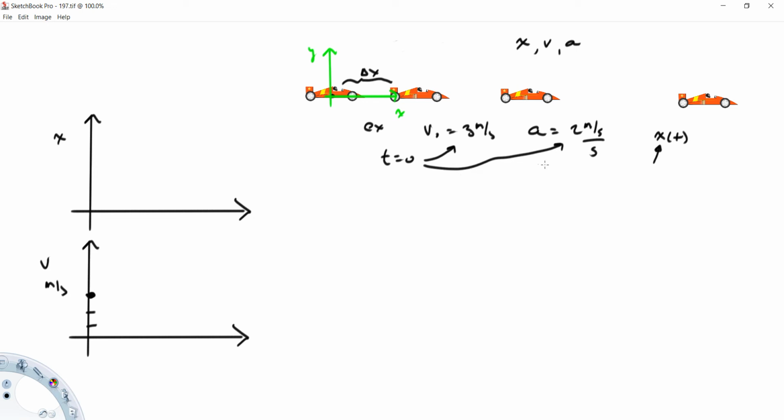Now, a second later, our car is accelerating at 2 meters per second squared, so our new velocity is going to be 5 meters per second. And then a second later, 7 meters per second. This is going to map out a line. Now I'm just going to run that out to some time t.